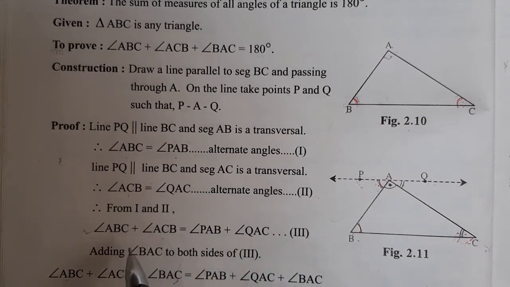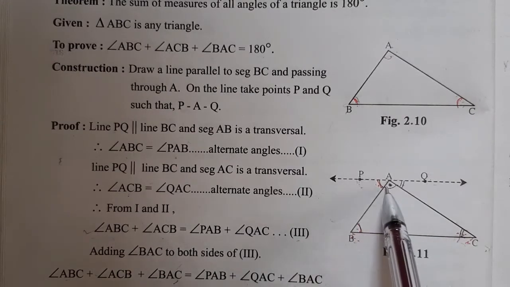Now if you observe the left hand side, angle ABC plus angle ACB. Okay, that means out of 3 angles we are getting 2. We require one more over there, that is BAC. So on both sides of equation 3, we add the angle BAC.